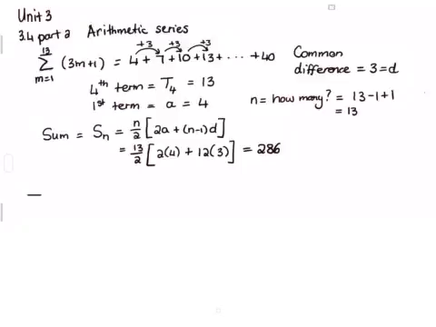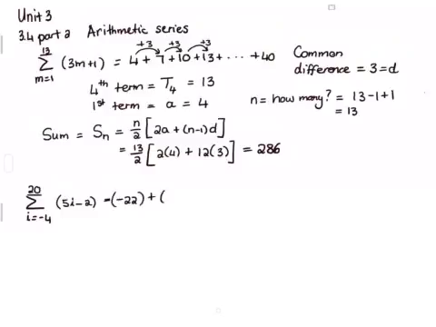Let's look at another one. We said it doesn't have to start at 1, but it always only counts forwards. So if I have i equals -4, then the first time you will have 5 times -4 is -20, minus 2 is -22.